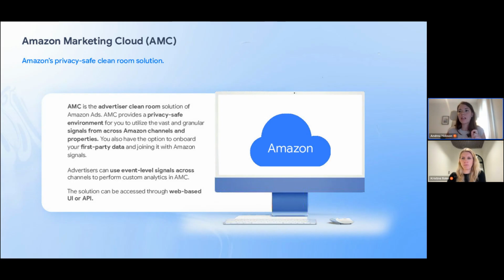And accessing AMC is fairly easy. It's a web-based interface. You can access it all from one place. It's rather user-friendly, and it has API integrations for teams with in-house analytics expertise. AMC can also integrate into your existing workflows or BI tools.